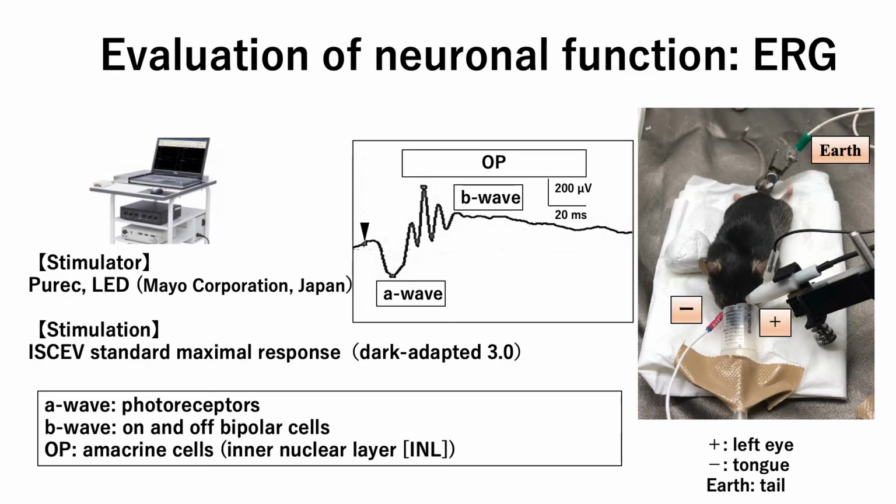We also evaluated the neuronal function in the retina using electroretinography, as shown here. Briefly, full-field ERGs were recorded with the PuREC after the ISCEV standard maximum response.